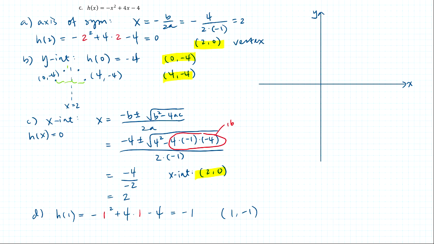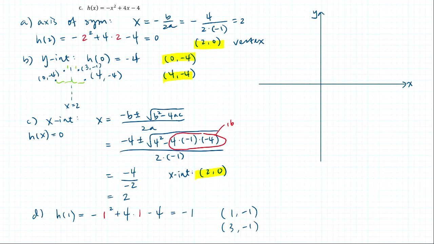Here, the distance should be 1 on either side, because the difference between the x-coordinate of my point and the axis is 1. And therefore, this point should have an x-coordinate of 3, because 2 plus 1 is 3. The height will be the same, so (3, -1) is what I get over here. And therefore, my mirror image is (3, -1).